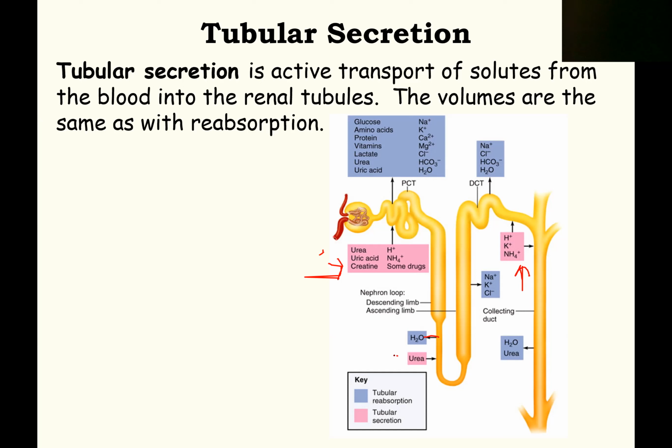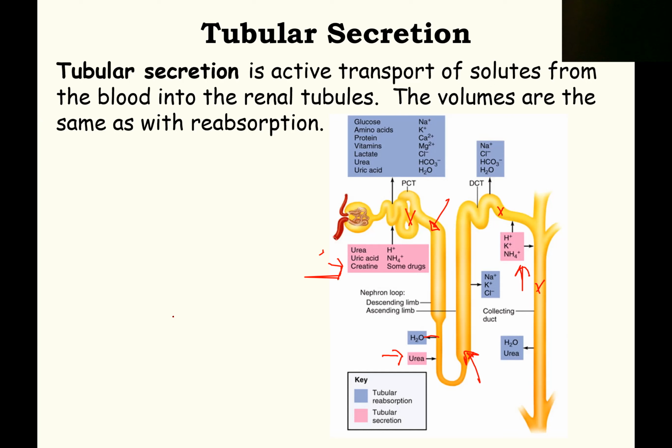Here, we're actively transporting solutes out of the blood and putting them back into the nephron, the renal tubules. Most of it, again, is going to happen in the proximal convoluted tubule, second largest amounts in the distal convoluted tubule and the collecting duct. The least amount passes through the walls of the nephron loop.